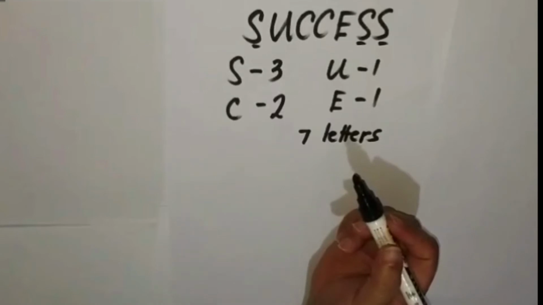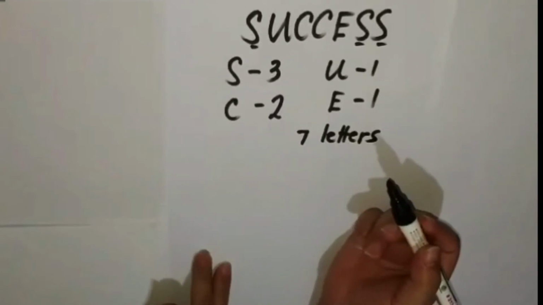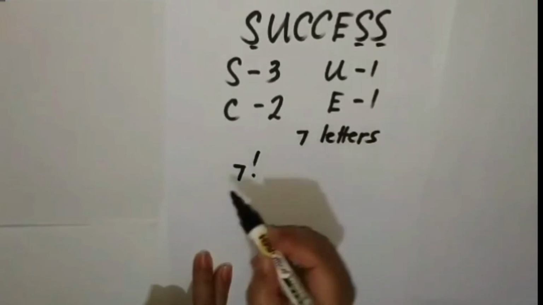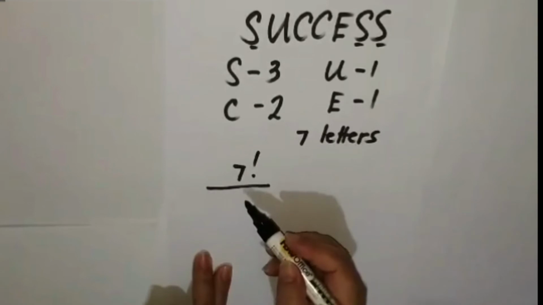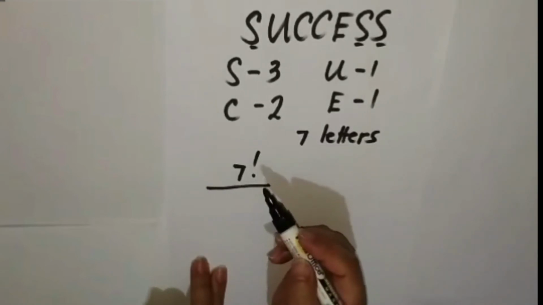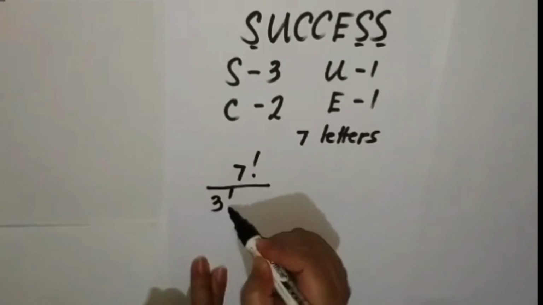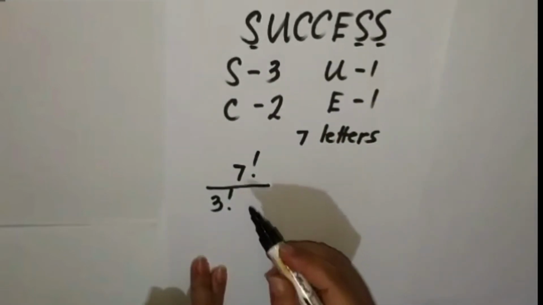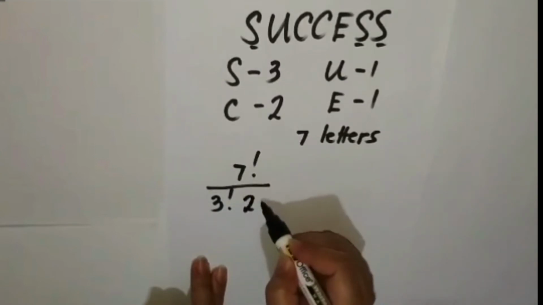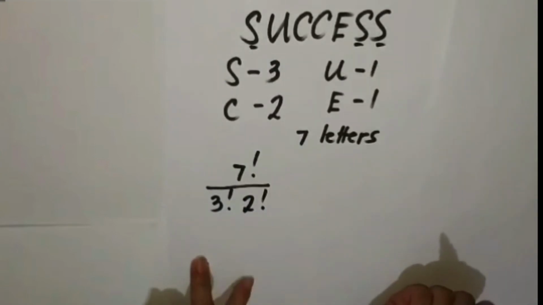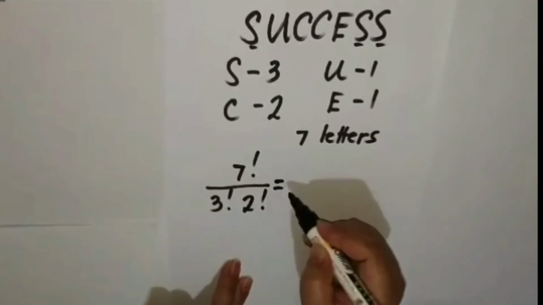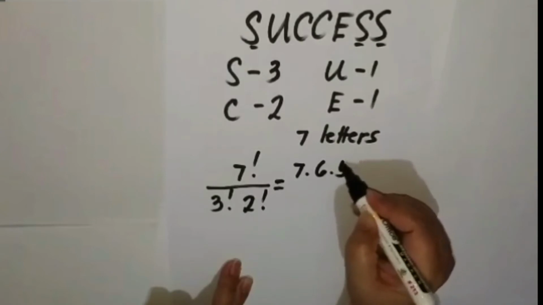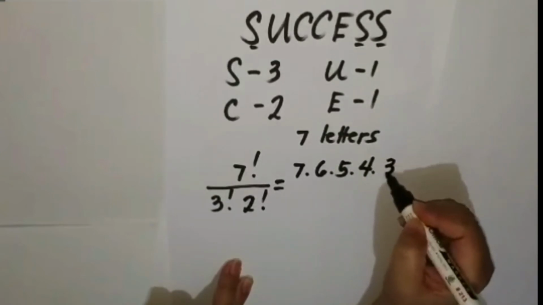So how do we solve this problem? To determine the number of ways of arranging the letters, we have 7 factorial in the numerator, since there are 7 letters. Then in the denominator, we have 3 factorial, since the total number of S is 3. And then, there are 2 letter C's. So let us simplify. We have 7 times 6 times 5 times 4 times 3 factorial.